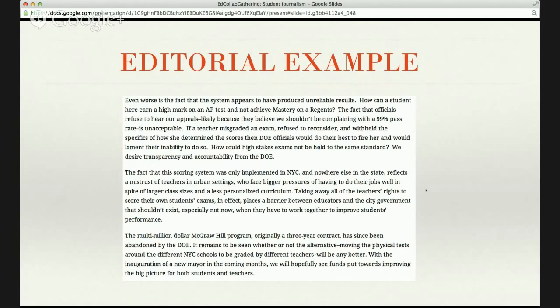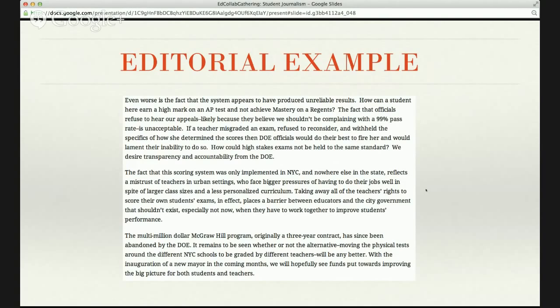The problem was that the computer system didn't work, and the grading was entirely messed up. We had students who were getting 5s on the English AP test getting 75s on the English Regents in New York State. And if you don't know anything about the English Regents, it's not nearly as challenging as an AP test.